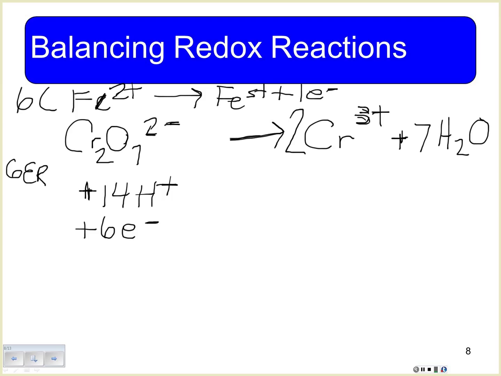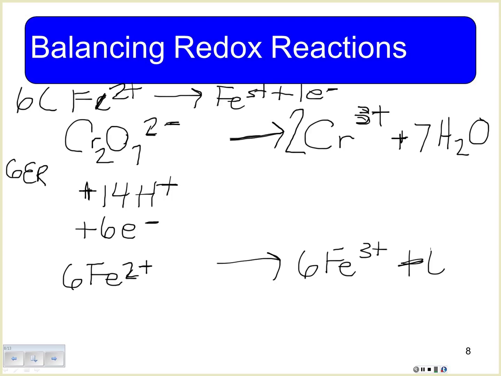Okay, this number that we multiply through does not change the charge. It only changes the coefficient. Okay, so we end up with 6 Fe2 plus yields 6 Fe3 plus, 6 electrons.